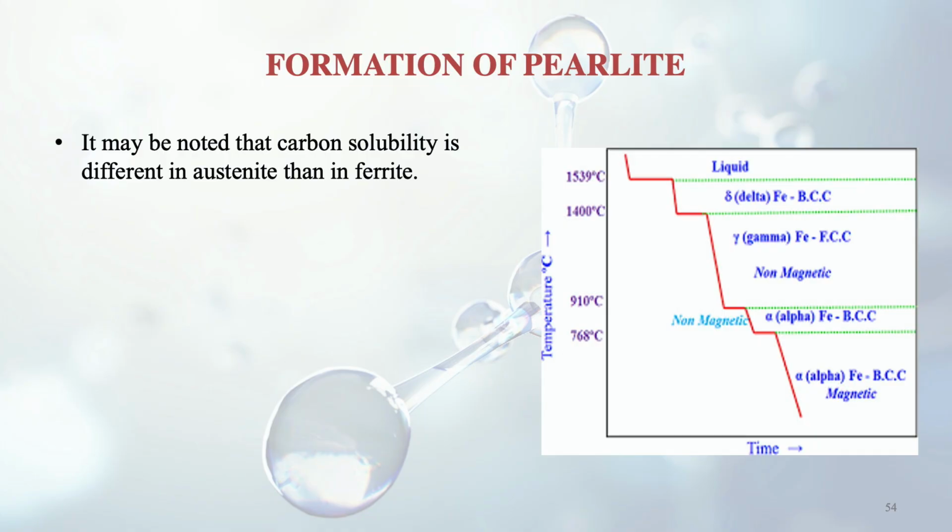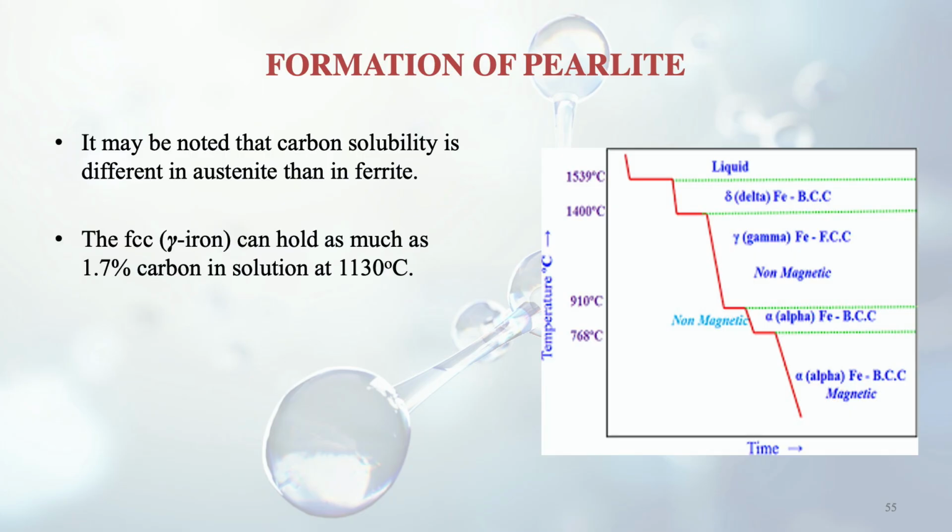Again, coming back to the iron cooling diagram, it may be noted that carbon solubility is different in austenite than in ferrite. The FCC gamma iron can hold as much as 1.7% carbon in solution at 1130 degrees centigrade.